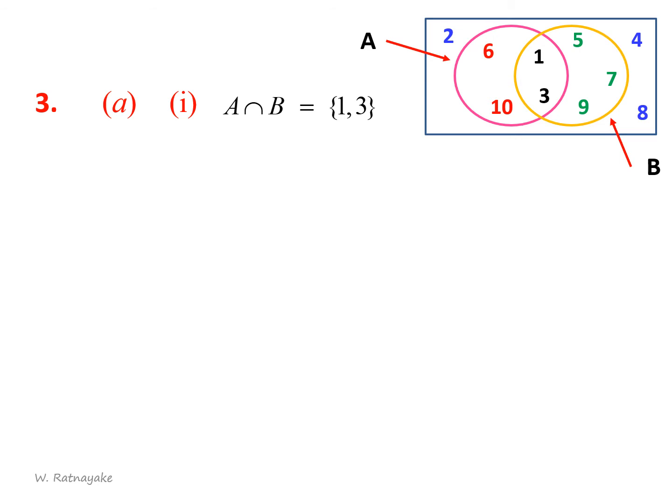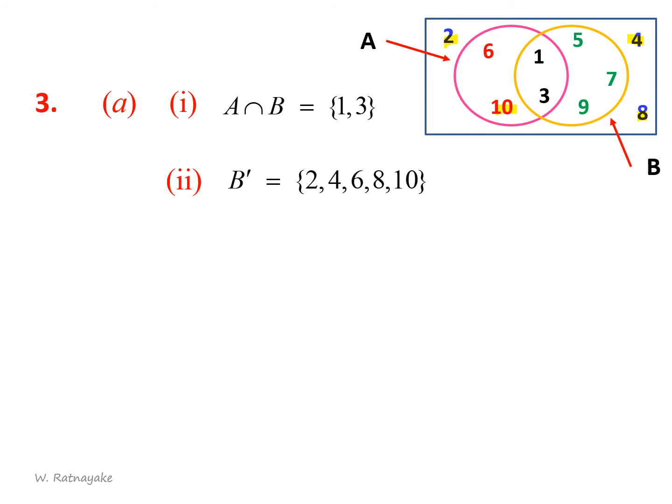Then part 2 of the question is complement of B. Complement means the elements which are not included in set B. So the elements included in the universal set but not in B. Those elements are 2, 4, 8, 10 and 6.